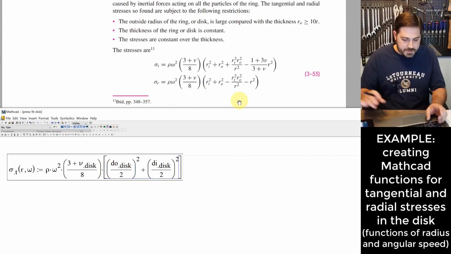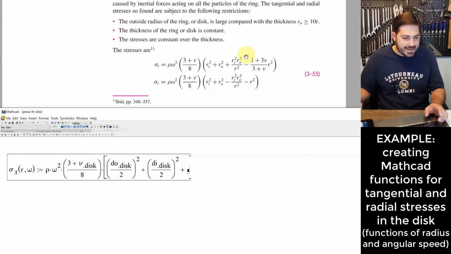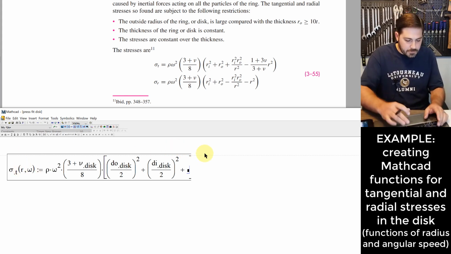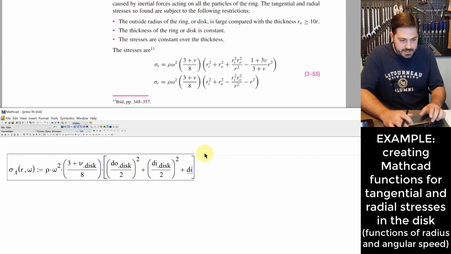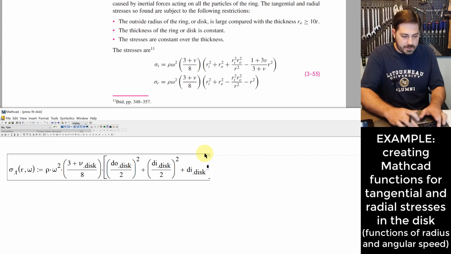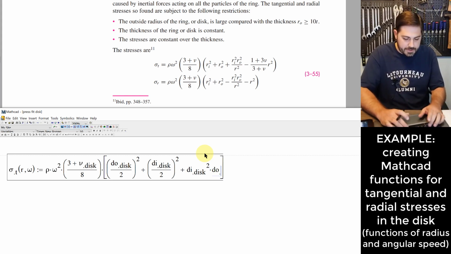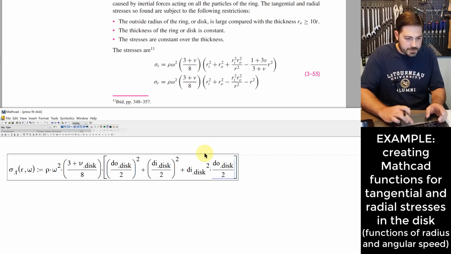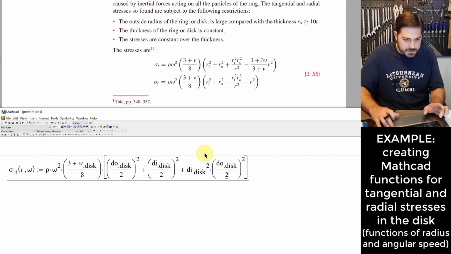To this I'm going to add, okay, again, I need to leave these as radius values here because I need r to stay as a radius, because that's what I'm doing this with respect to. So what I'll do is I'll take that di of the disk, and I'll square it, and I'll multiply it by dO of the disk. And I meant to divide that other one by 2 before I squared it. So let me go back and fix that for this one here.